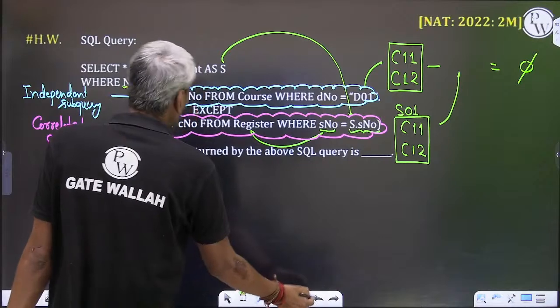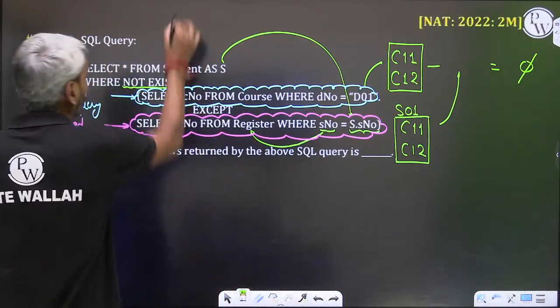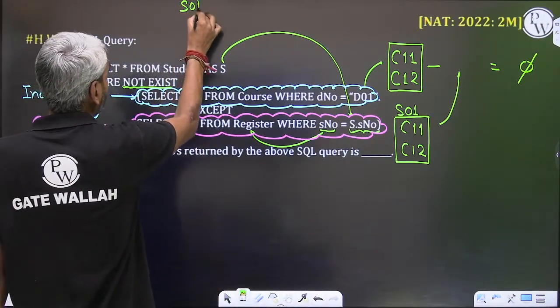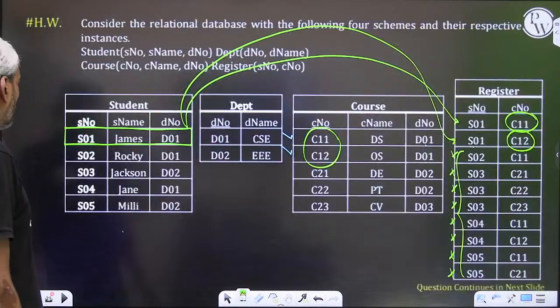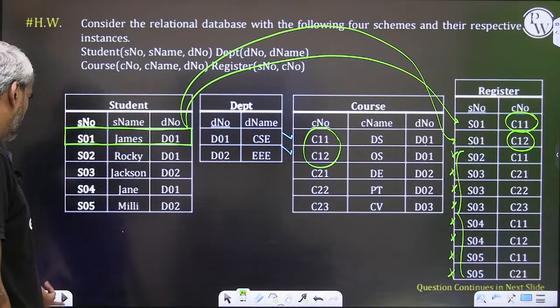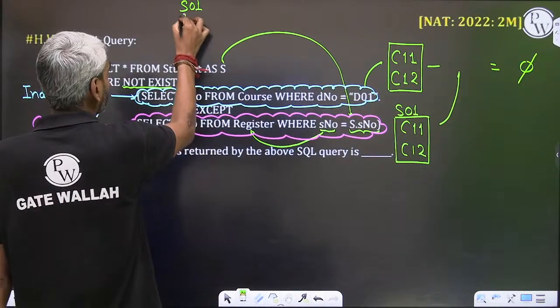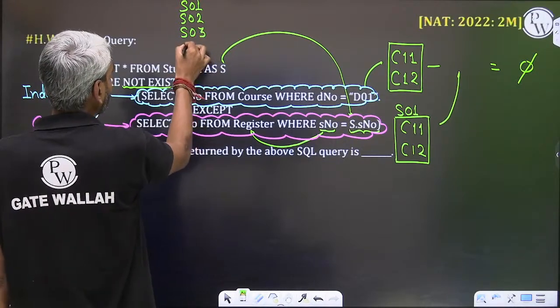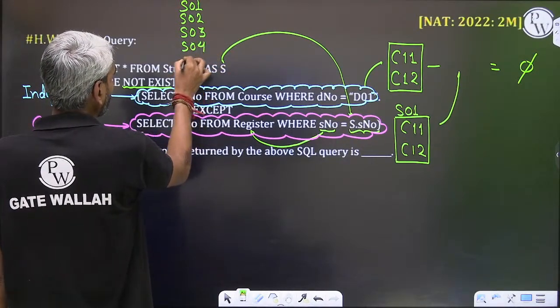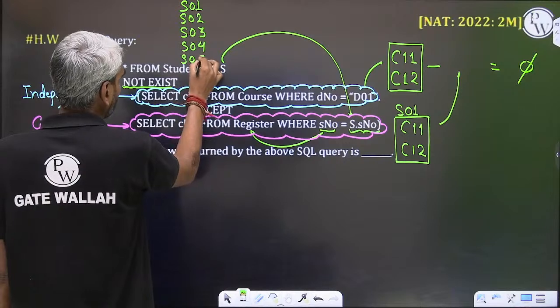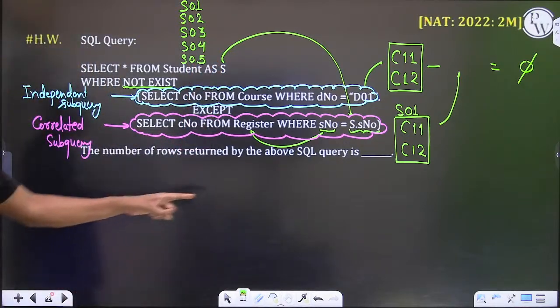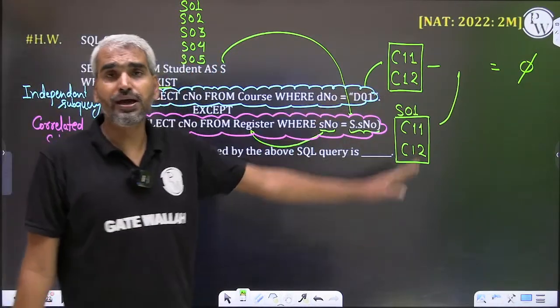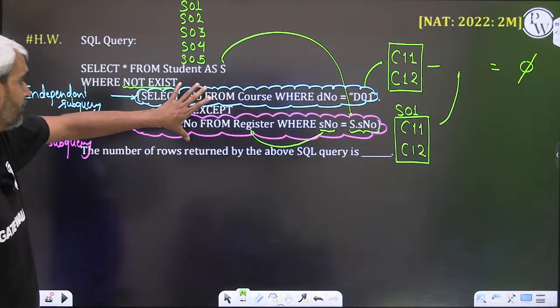So let me explain. We will have student tuples S01, S02, S03, S04, S05. With respect to S01, this is the complete inner query.